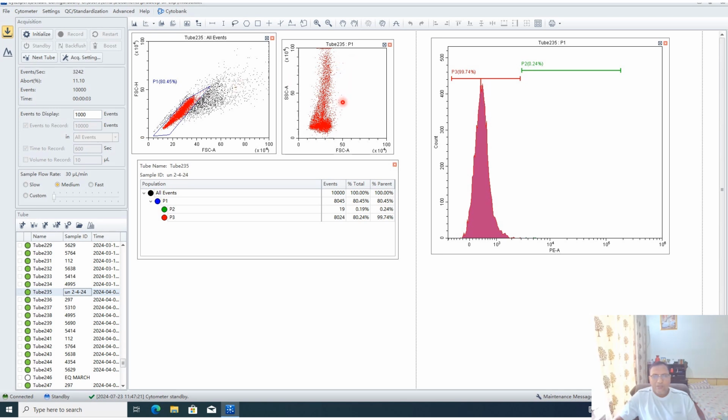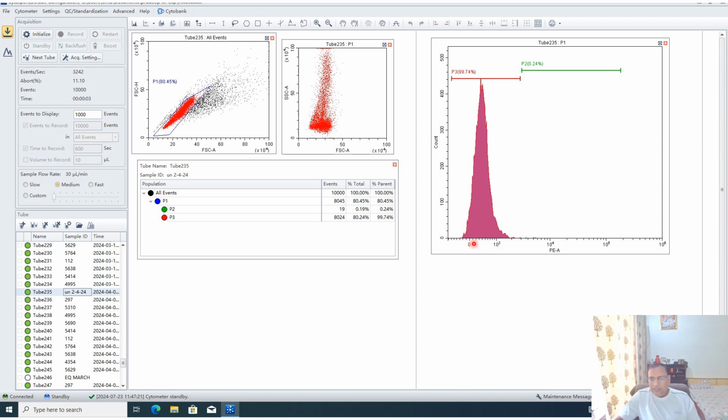When we see the histogram and use the autogate, we estimated this is the autofluorescence. This is the PE filter, and this is the intensity of the fluorescent light, on the X and Y axes.